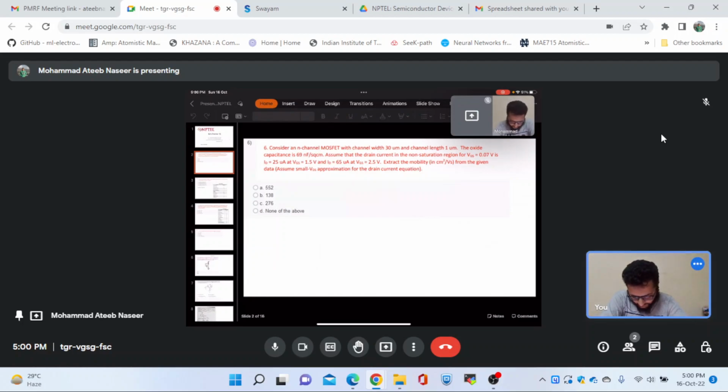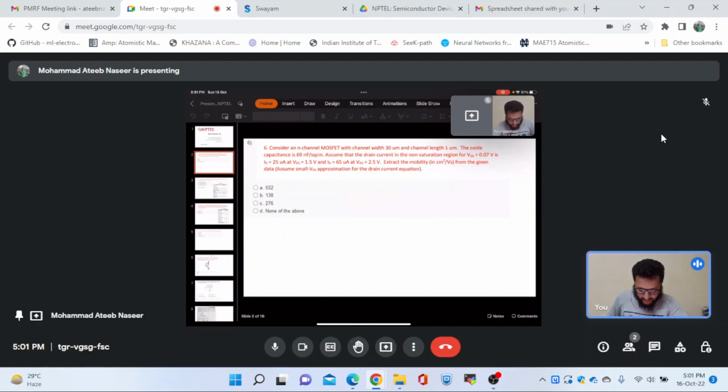So this question states that this is regarding the MOSFET that we have been studying till now. It says that we have an n-channel MOSFET, and the channel width is given to be equal to 30 micrometer and the channel length is equal to 1 micrometer.